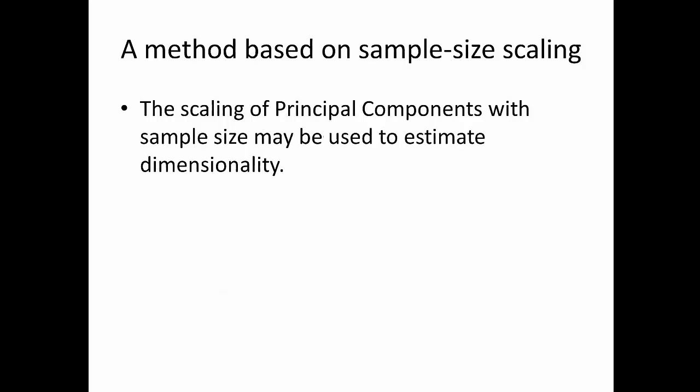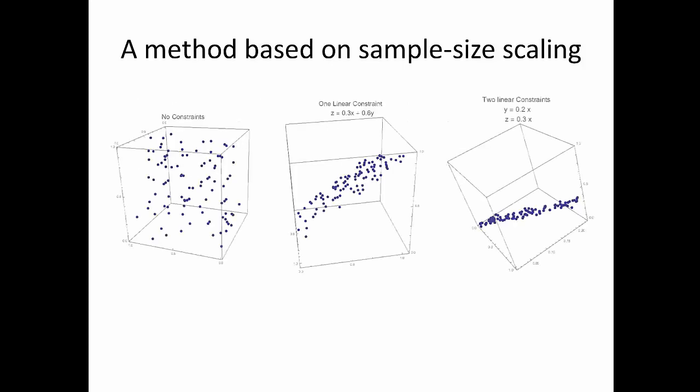Similarly to the fractal-based methods, we're going to use scaling, but we're going to use scaling with sample size. So I've made a very simple illustration to explain what I mean by that. Here are three cases. We'll work in 3 dimensions because it's easy to visualize, but we're actually going to apply this in much higher dimensional spaces.